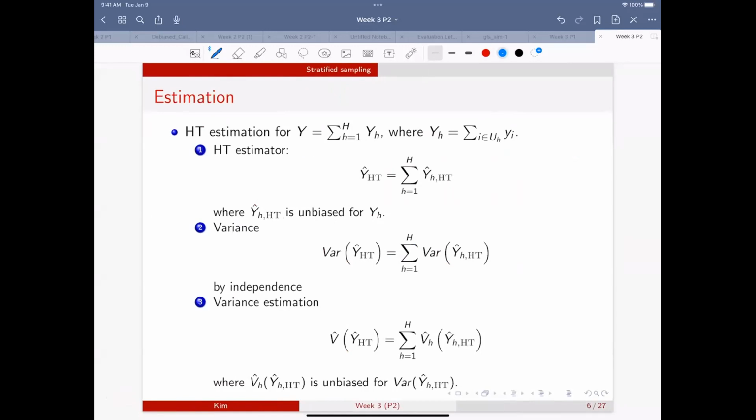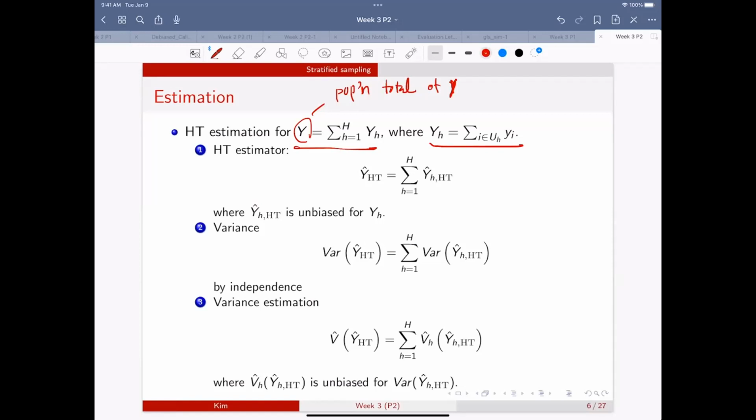This is pretty much obvious in some sense, because we know the parameter. Capital Y is a population total, where Y is a particular size variable, and this is a finite population parameter.